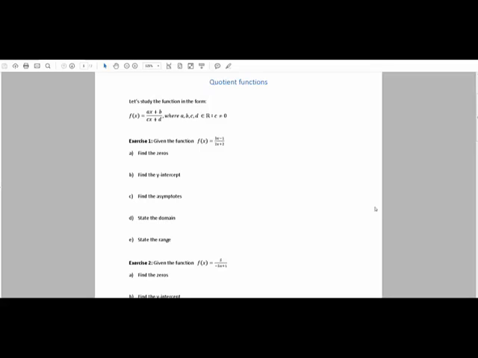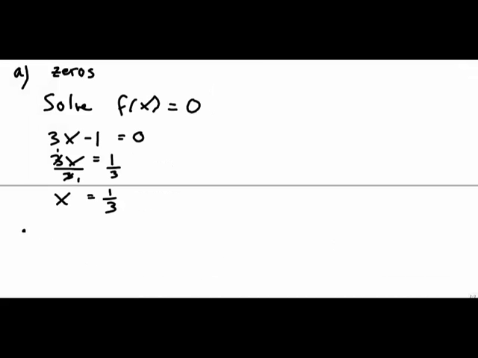In B, we have to find the y-intercept. If we think about the graph again, the function is crossing the y-axis at some point. If it is crossing, then we have a y-intercept. What is the x-coordinate at this very point?